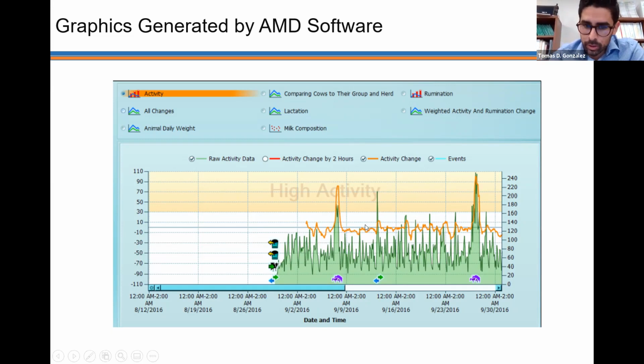Something else important is that you can have increased activity for different reasons. In this case, it is for a change of pen, a change of group. So you have to pay attention to that.